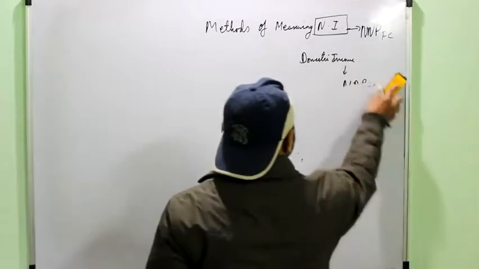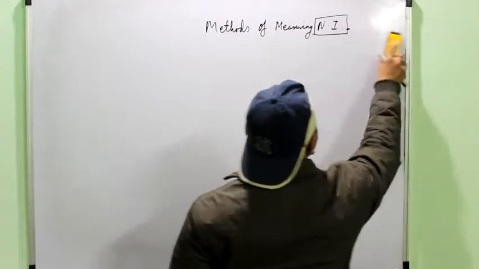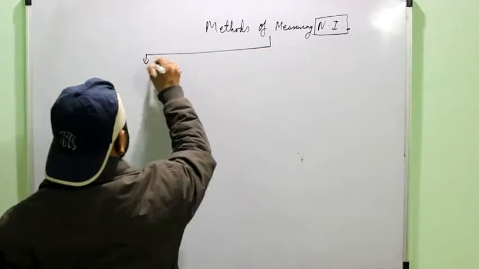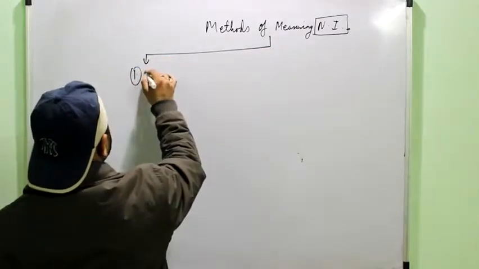So there are three methods of calculating the national income. First method is the income method.